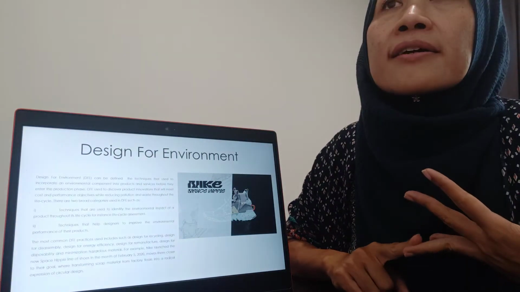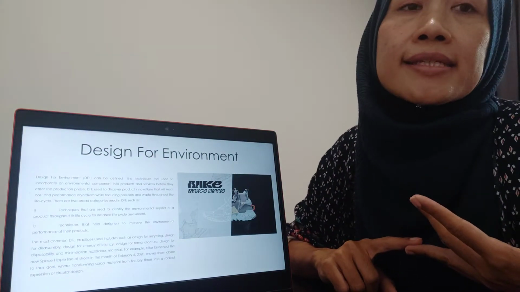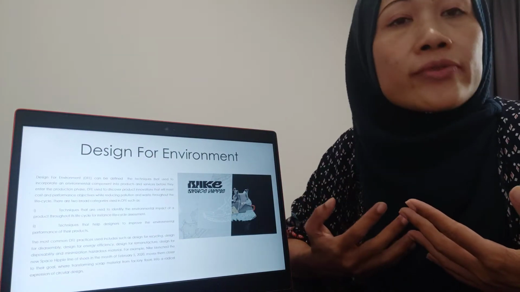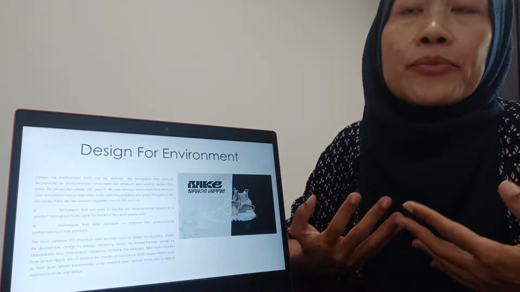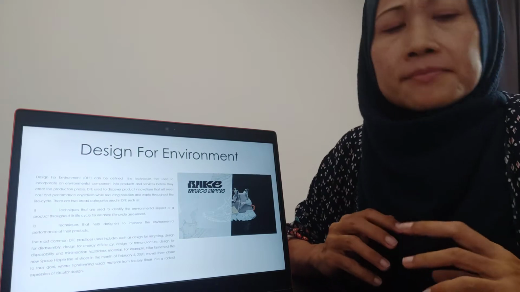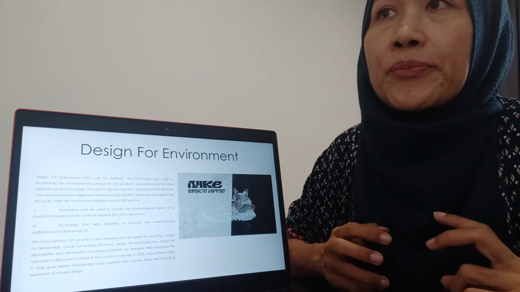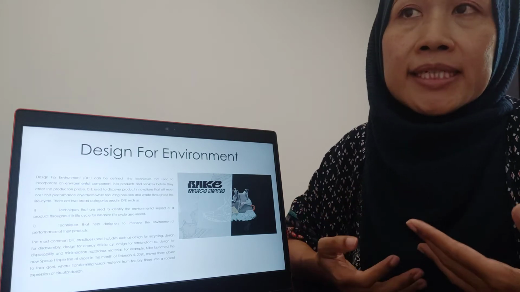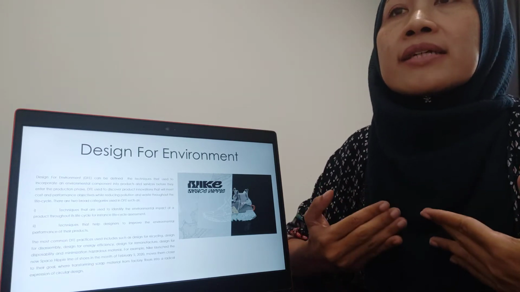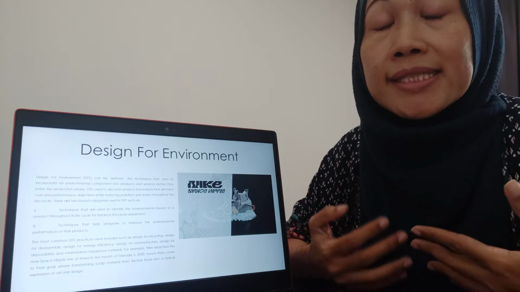The second category is techniques that help designers to improve the environmental performance of their products. The most common DFE practices are recycle, design, disassembly, minimization, hazardous materials, and more.